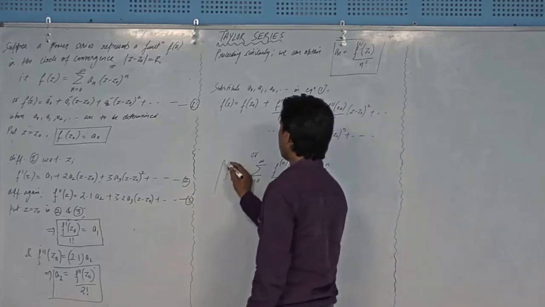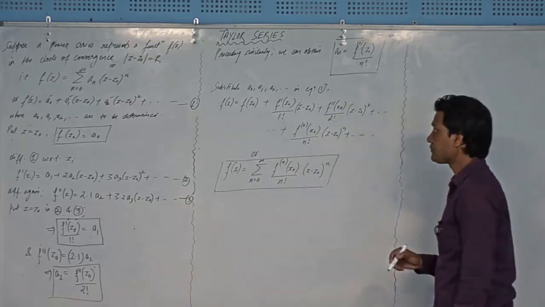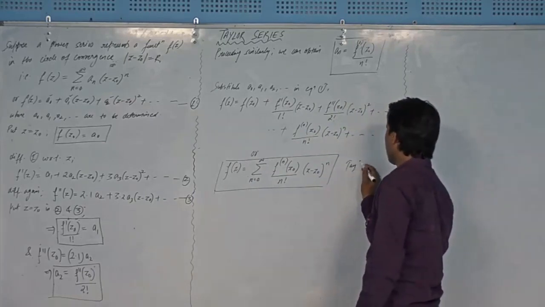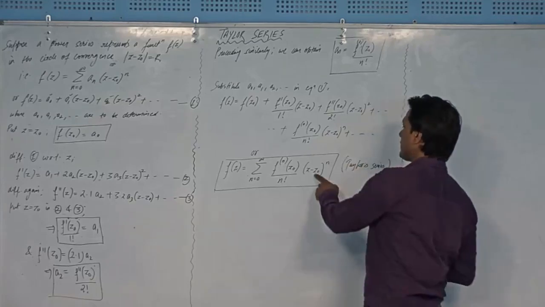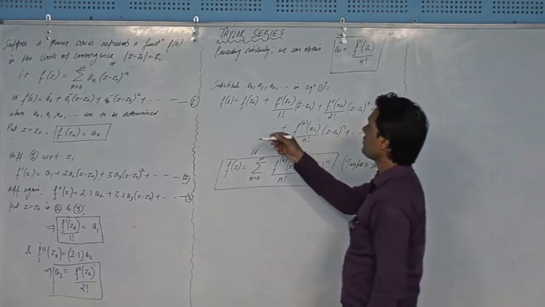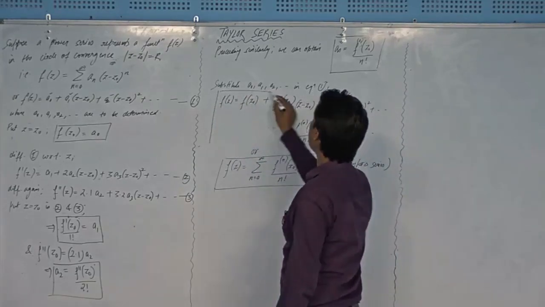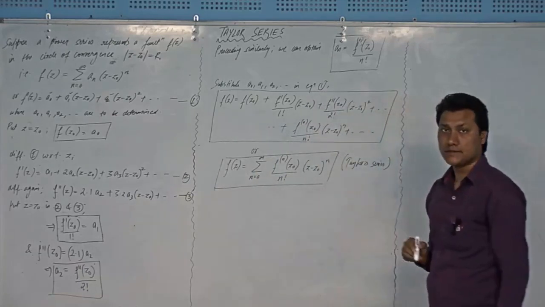So this is your Taylor series centered at z equal to z naught, okay? Or you can remember this one also, in expanded version it will be this series, right?